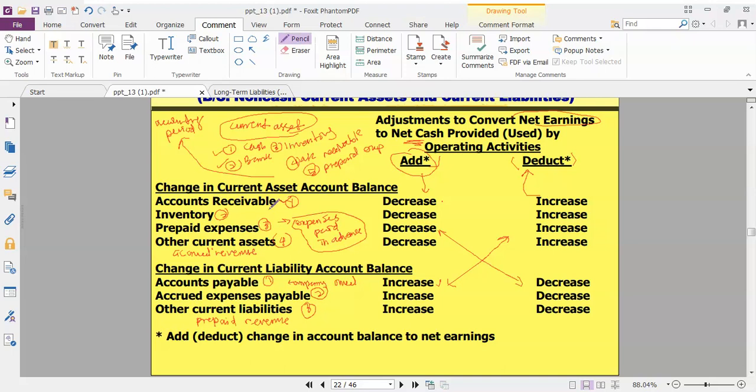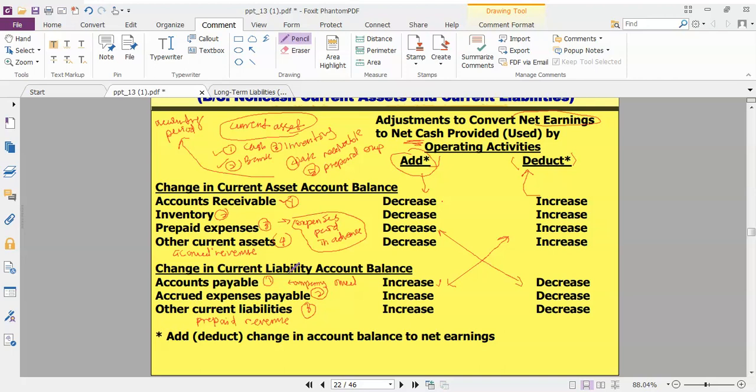Okay, accounts receivable: outsiders, and outsiders should be the customers, that owe to the company. That's why we put it under current assets. But accounts payable is a current liability. It means that we have an obligation to pay that account payable.